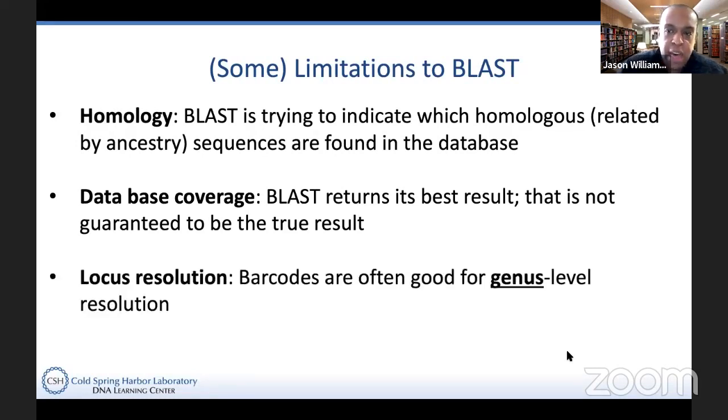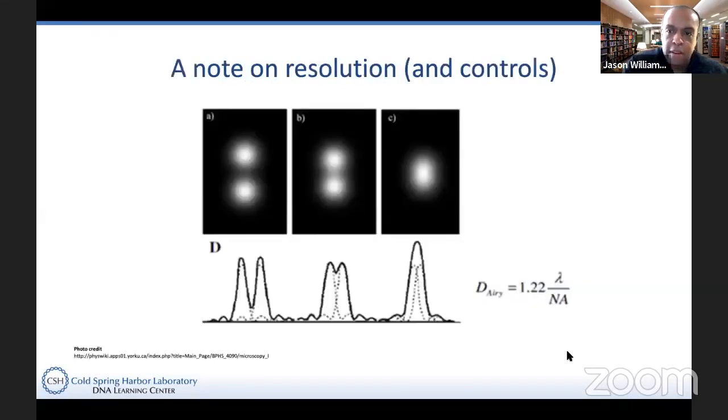And the other thing is that when we get a little bit more into the science of barcoding, and that'll be more important next week, and I'm telling you a lot of things are coming next week, so I better deliver. Barcodes are often good for genus level resolution, so not necessarily species level. And if you add more barcodes, if you look at more than one location in the genome, then you start to be able to get even more resolution and be a little bit more confident. And I use that word resolution with deliberate intent.